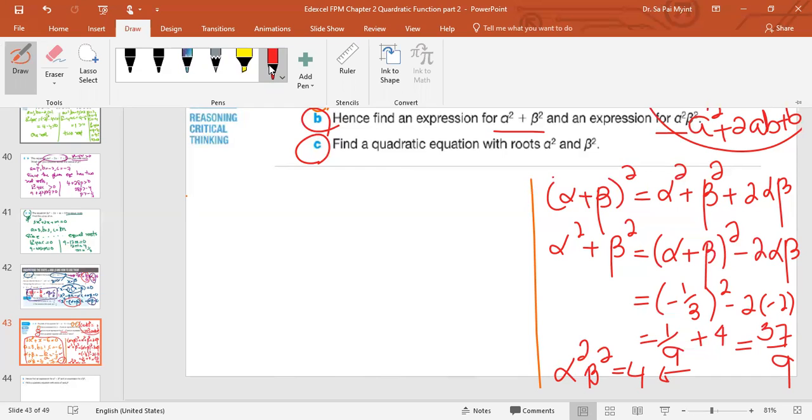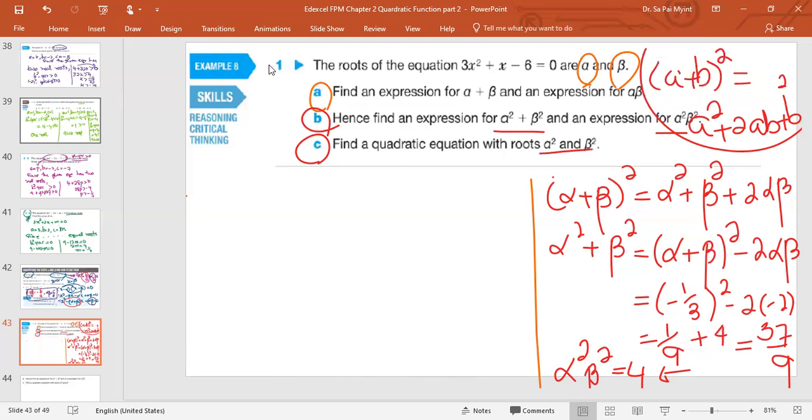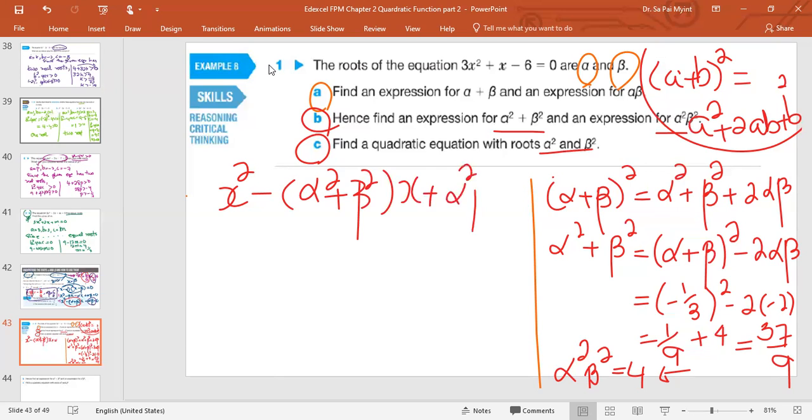Alpha and beta as roots of the equation, how do you write? x square minus alpha plus beta x plus alpha beta equal to 0. Now alpha square and beta square are solutions. How do you write? x square minus alpha square plus beta square x plus alpha square beta square equal to 0.